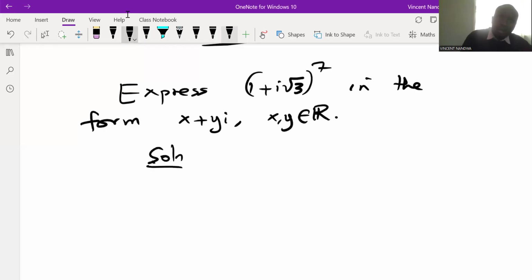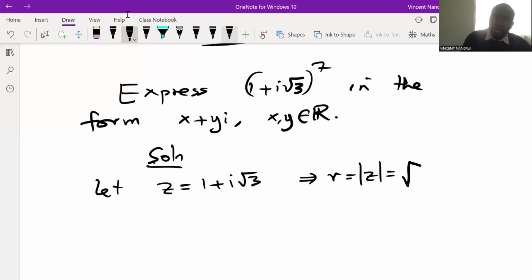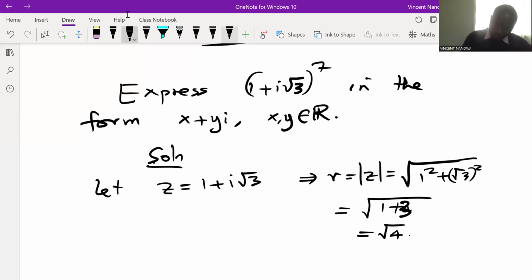So first, let z be 1 plus I root 3. So r, which is the same as modulus of z, will be square root of 1 squared plus root 3 squared. So the modulus is 2.